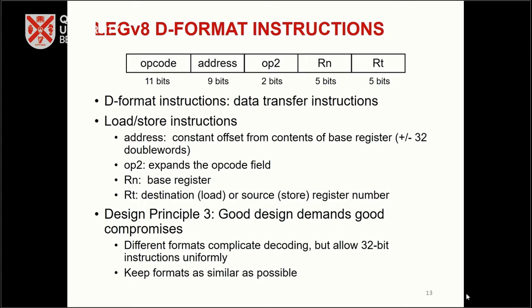The change in the name is because this format is for load instructions, so we are storing data from memory in a register, and also for store instructions, we are storing data from a register to memory. So that's why here we have a target register. So sometimes this will be the destination, and sometimes it will be the source.